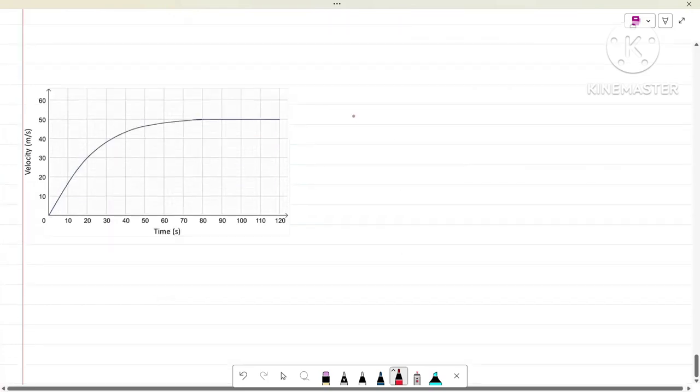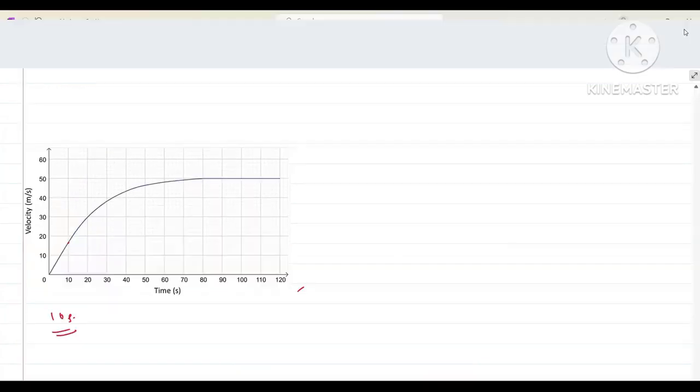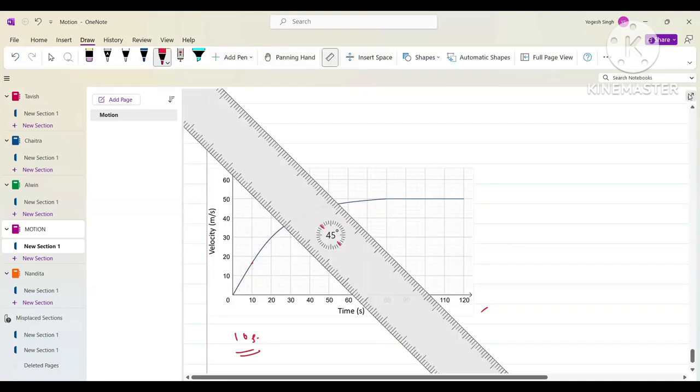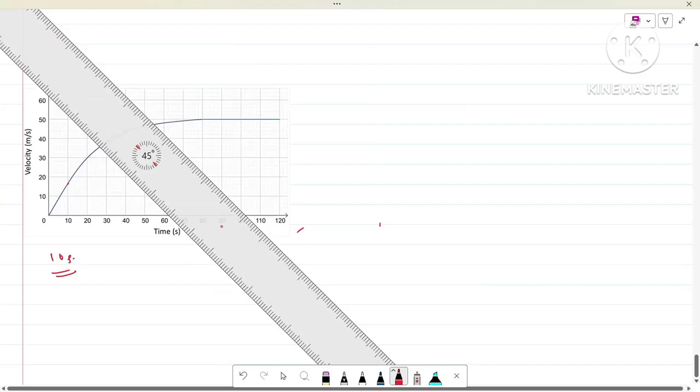Now, if a speed time graph is given and the graph is a straight line, let's say I ask what is the acceleration at time 10 seconds. So at time 10 seconds, first of all, we will check whether the graph is a straight line or not. So let me check with the help of this ruler.